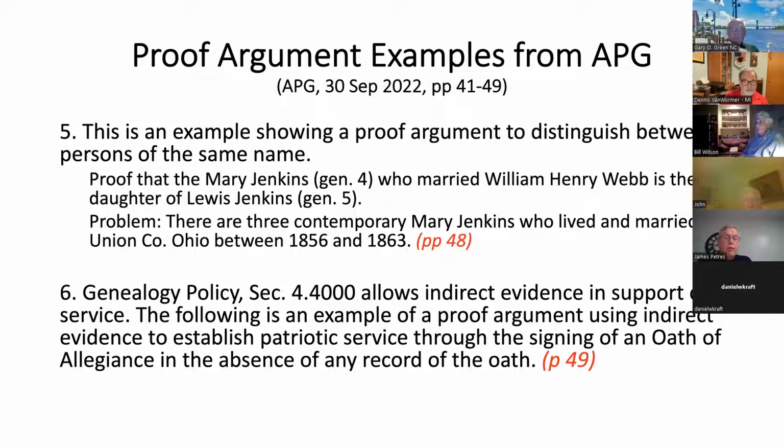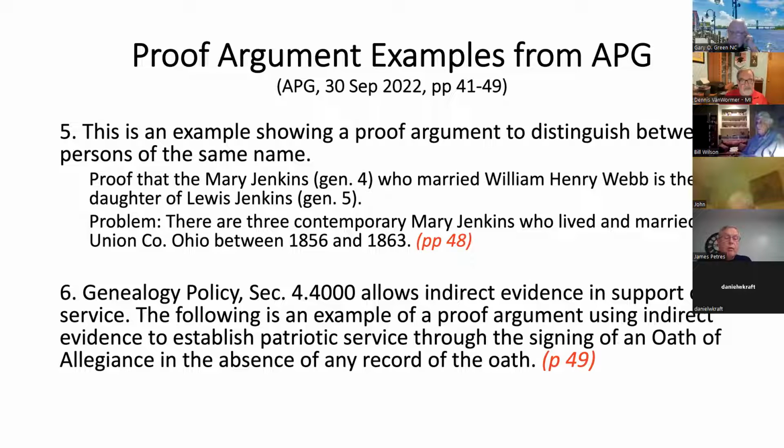And the last one talks about indirect evidence in support of service. You can have a proof argument for proof of service using the same process. There was an example where they used indirect evidence to establish patriotic service. The service was signing the oath of allegiance, but they had no direct record of that oath.